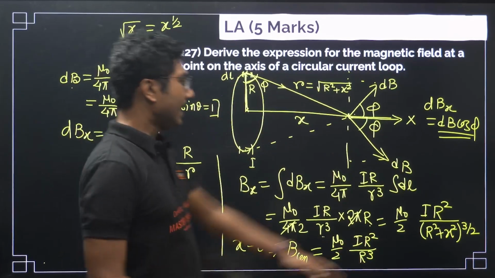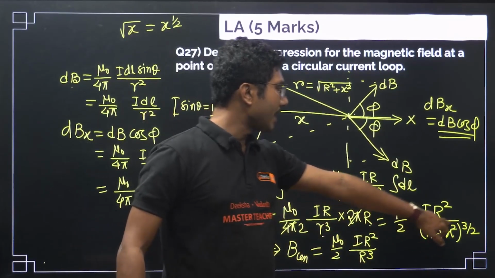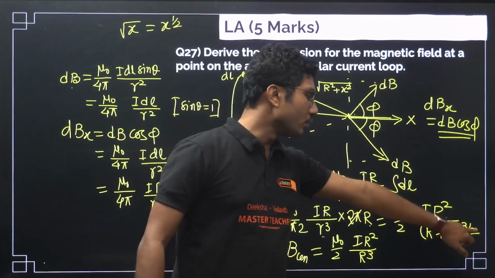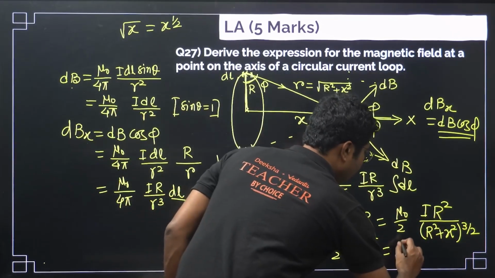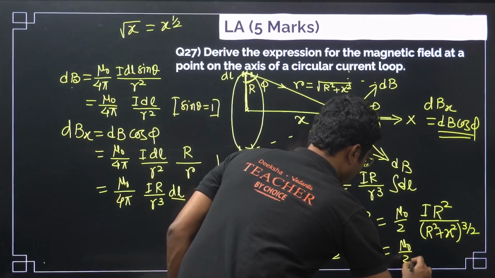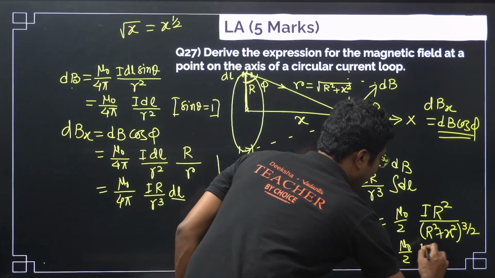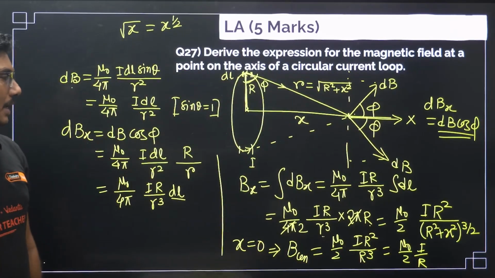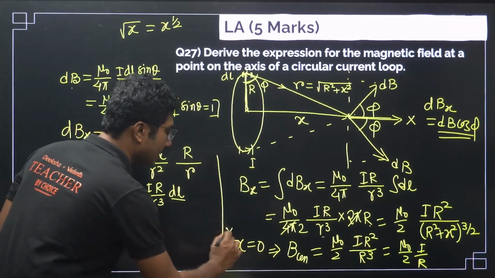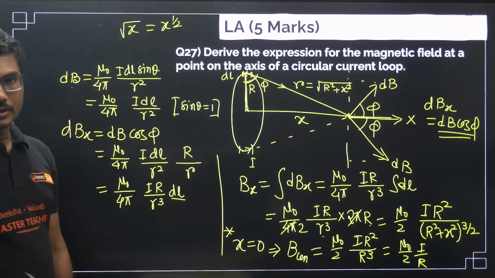Okay, this x becomes 0. So, r square to the power 3 by 2, 2 cancels, you get r cube, and this becomes mu naught by 2, I by r. Mu naught by 2 I by r, this is a special case. If not asked, you do not need to answer it. Clear?